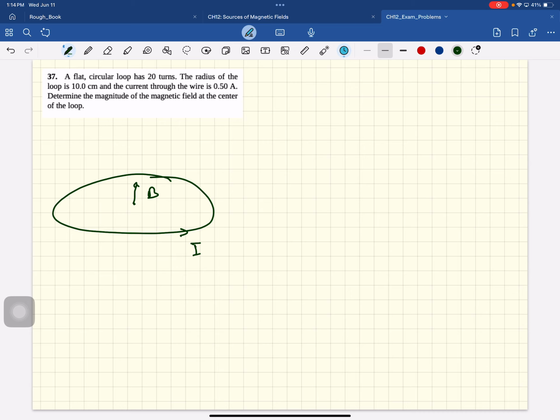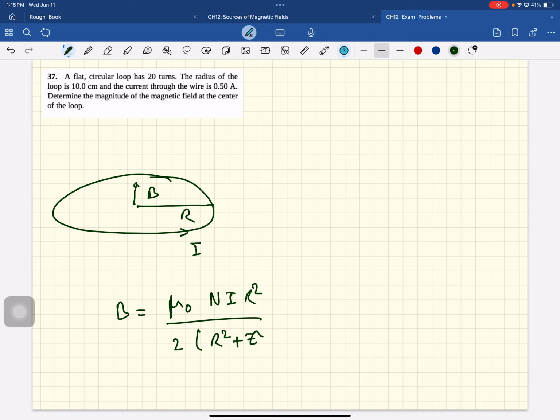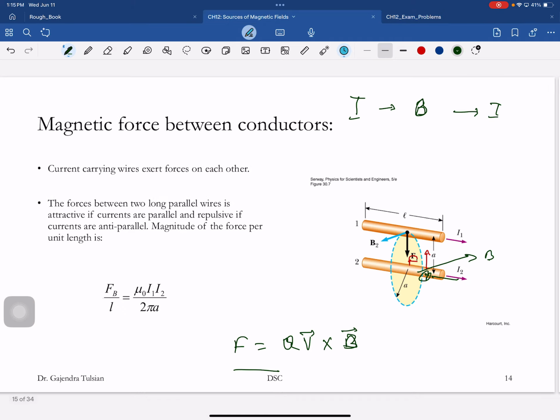And here's the expression. Let's make sure of the expression.